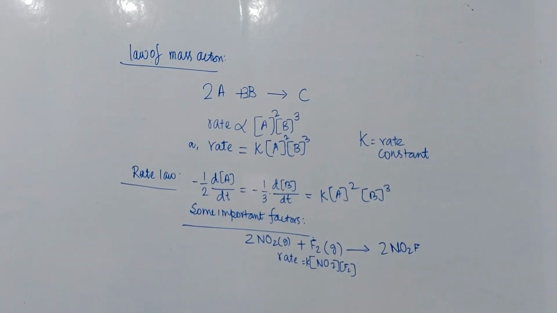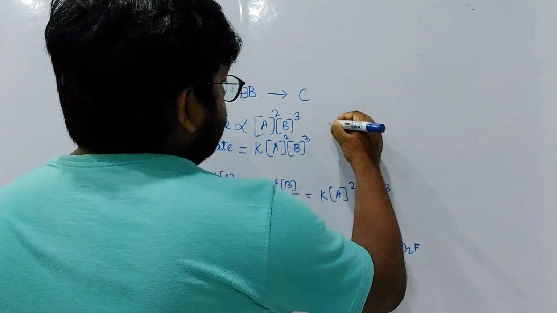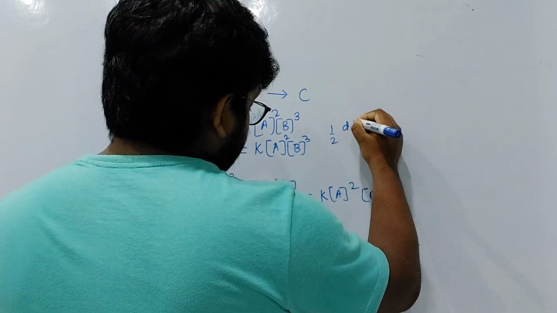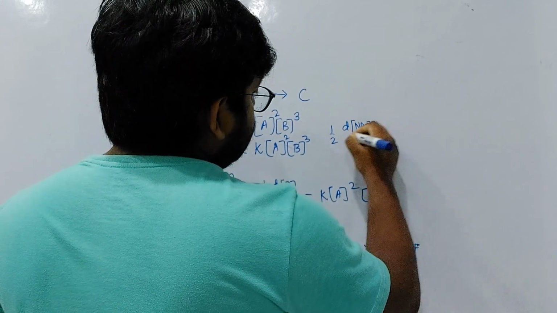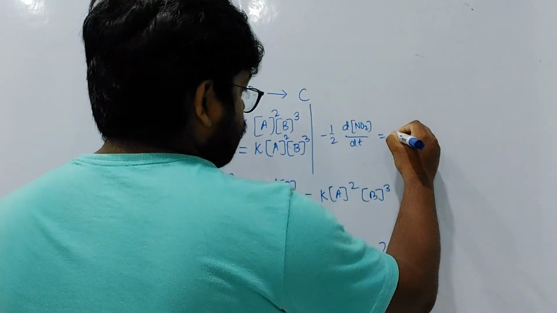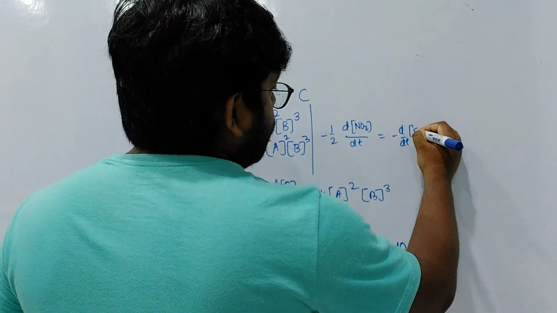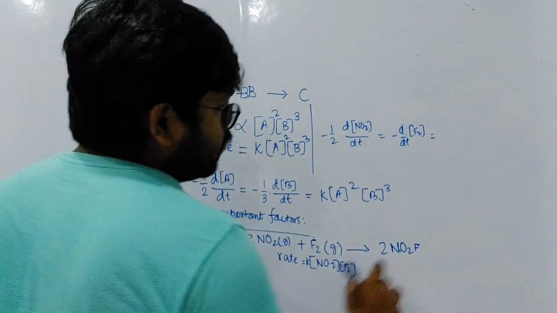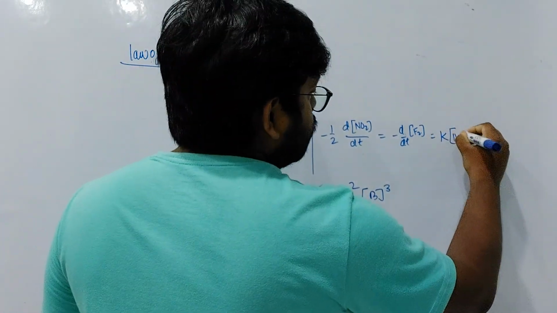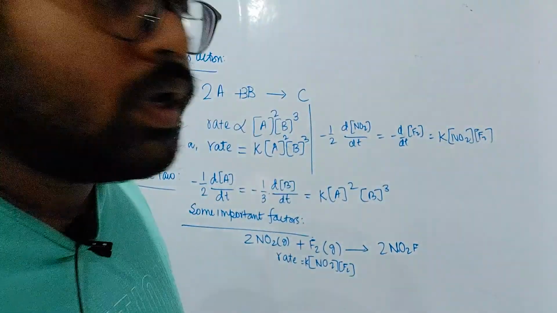Now if you try to write down the entire rate equation, or rate law as you can also call it, how will you write this? Like I am writing it over here: minus 1/2 d[NO2]/dt equals minus d[F2]/dt equals K into [NO2] into [F2].